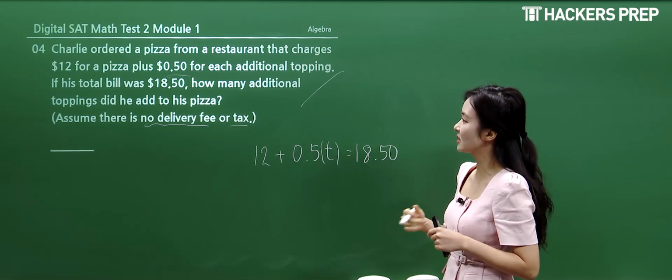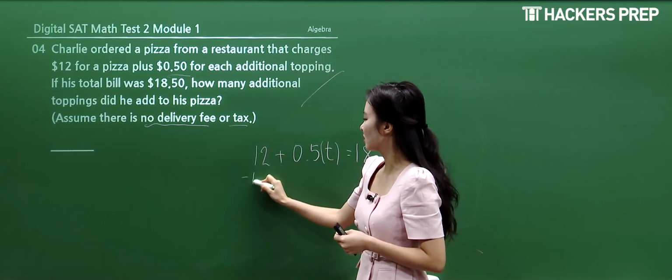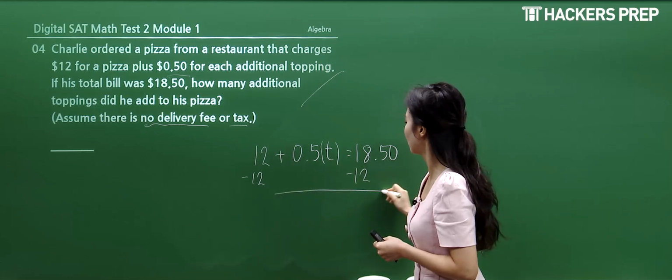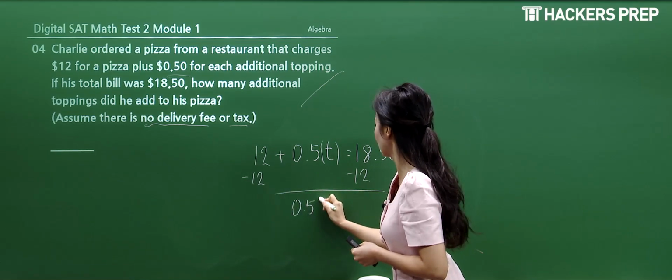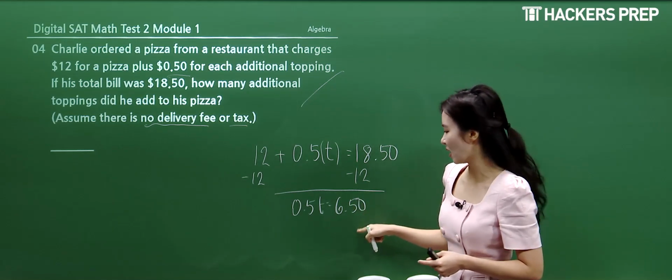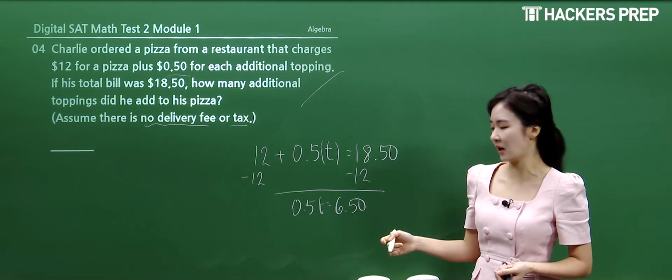The question was, how many toppings did he add? At this point, all we have to do is combine and solve for the value of T. We're almost there. If we divide both sides by 0.5, which is the 50 cents, we'll get the number of toppings.